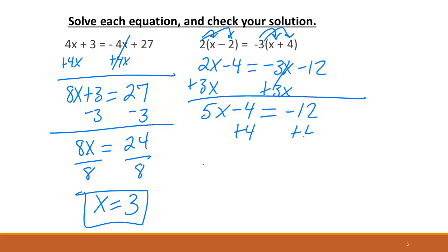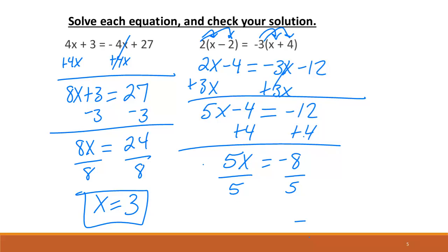I can add 4 to both sides to give me 5x equals negative 8. And then divide by 5 on both sides to give me x equals negative 8/5 as my final solution.